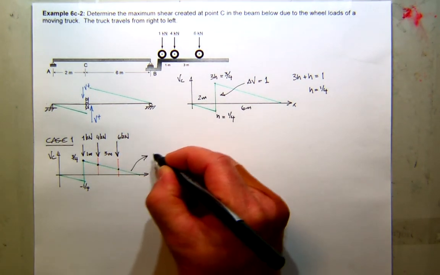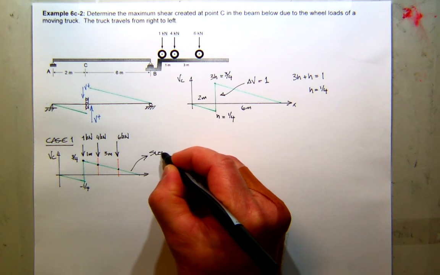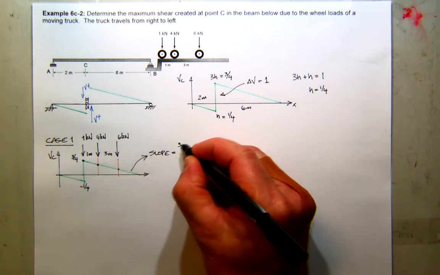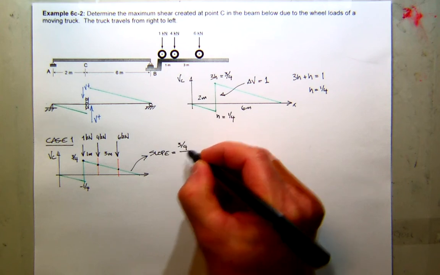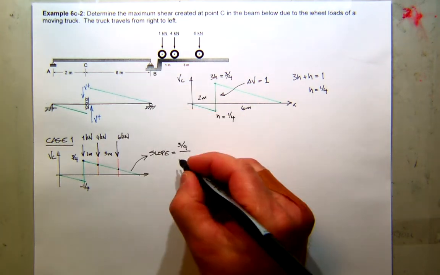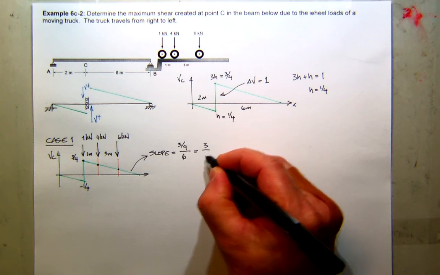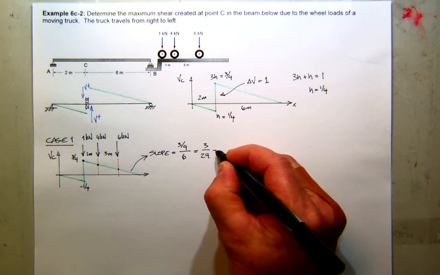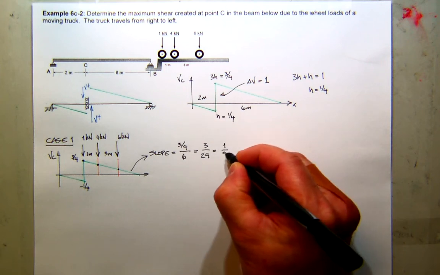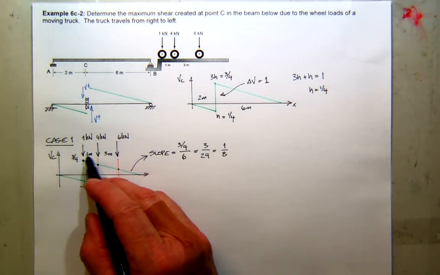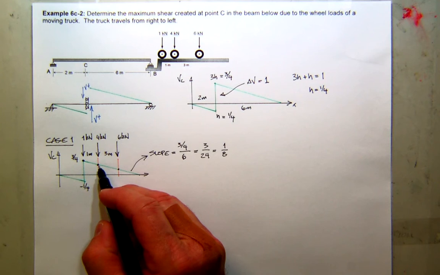What's the slope of my line? Well, the rise is 3/4 and the run is 6. So that's 3/24, which is 1/8. You guys see that? So if I move 1 meter back, I drop 1/8.